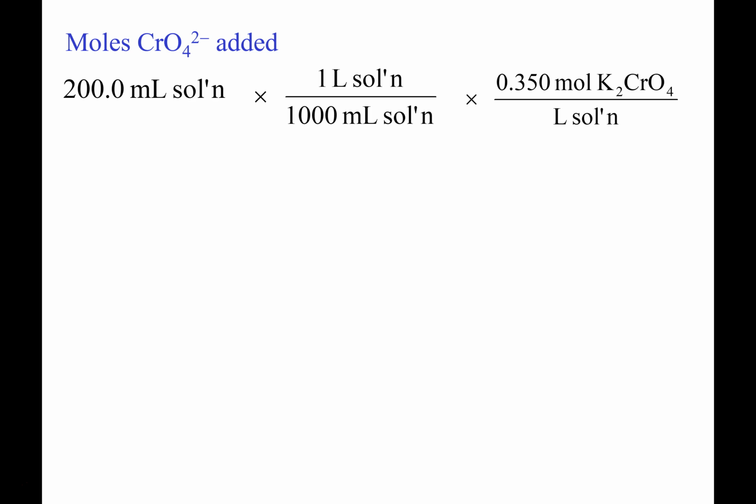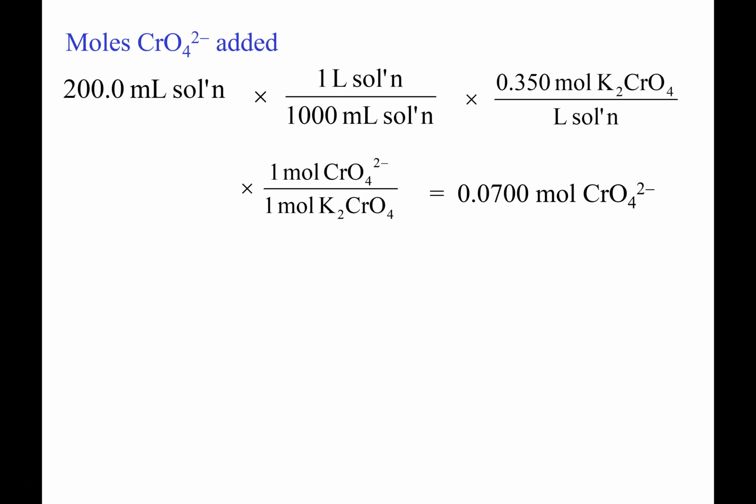So how are we going to get to moles of CrO4 2 minus from this? If we introduce just 1 mole of CrO4 2 minus over 1 mole of K2CrO4, giving ourselves 3 sig figs, the moles of chromate, CrO4 2 minus, is 0.0700 moles.